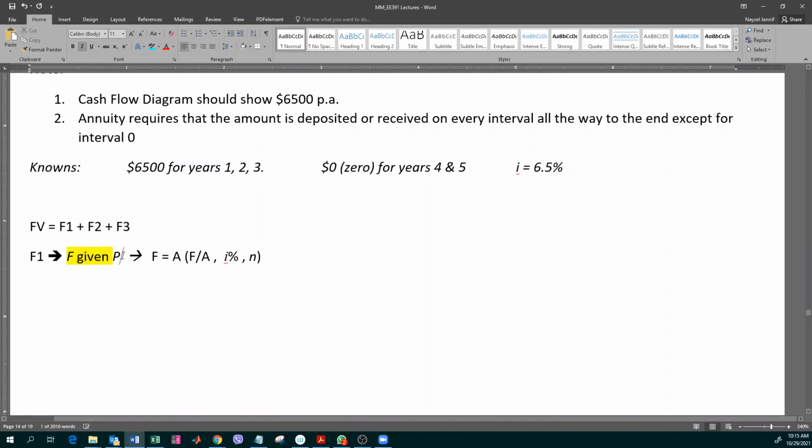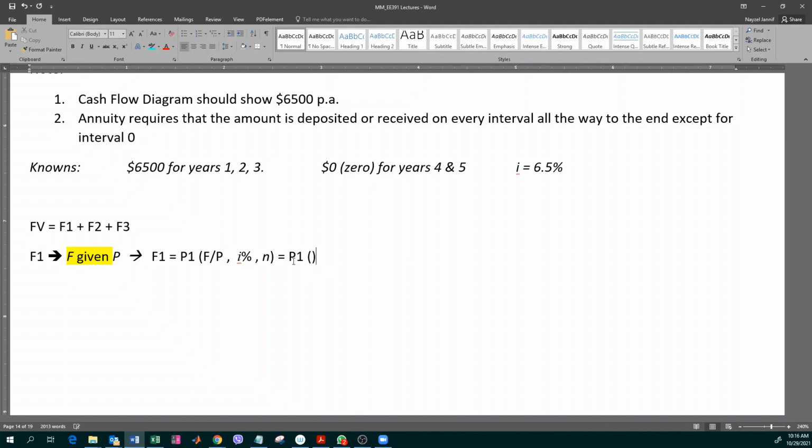Don't worry, I'll put this. F given P. So F1 will equal that times P1. Now let's go ahead and do this. F1, what is P1?